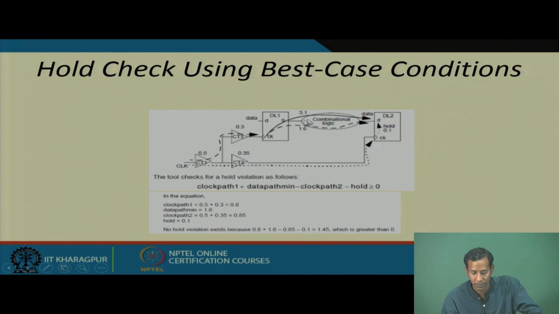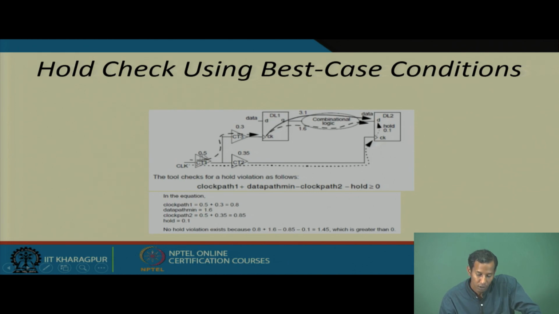The data path maximum is 3.1 and the minimum is 1.6. Then clock path 2 is 0.5 plus 0.35, which is 0.85, and hold requirement is 0.1. So, the corresponding equation is 0.8 plus 1.6 minus 0.85 minus 0.1, which is 1.45, greater than 0. That is why this design will not have any hold violations.